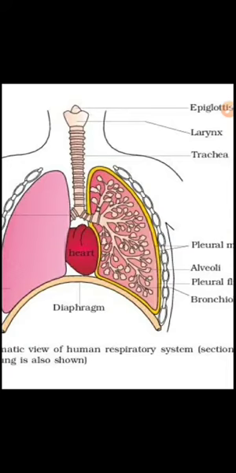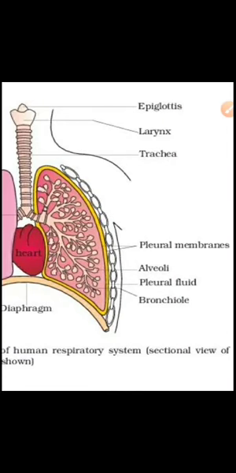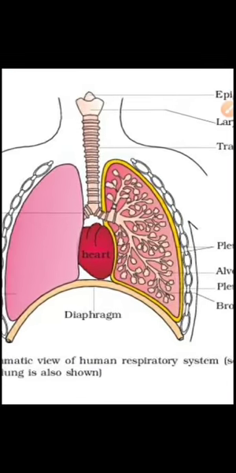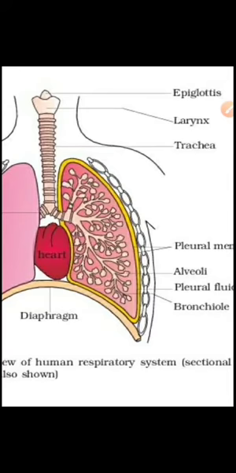The pharynx is the common chamber for the respiratory and digestive system. And then from the pharyngeal region it leads to a structure called a trachea.